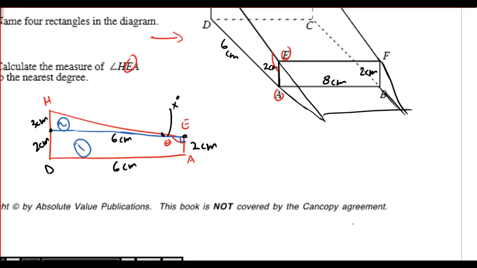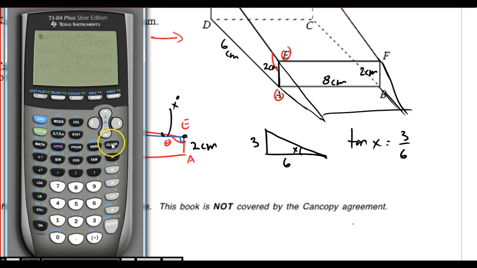So now I'm going to pull this triangle out and blow it up a little bit, and essentially what I have is a measure of 3, a measure of 6, and I need to find this x over here. That's going to be tan x equals 3 over 6, tan x equals 1/2. So that's going to be inverse tan on my calculator, inverse tan of 3 divided by 6, 26.6.